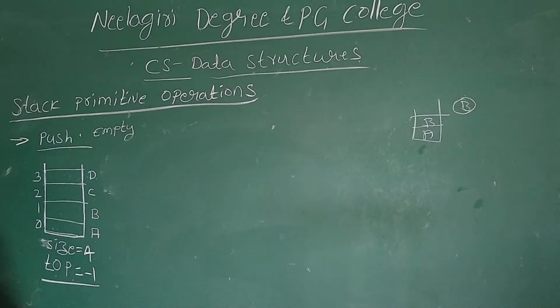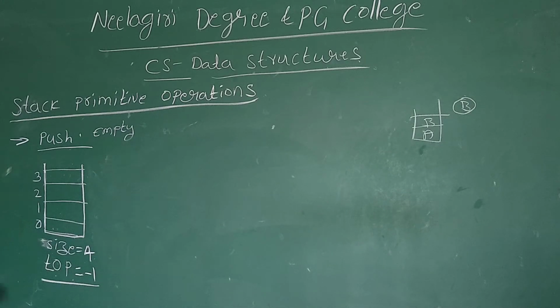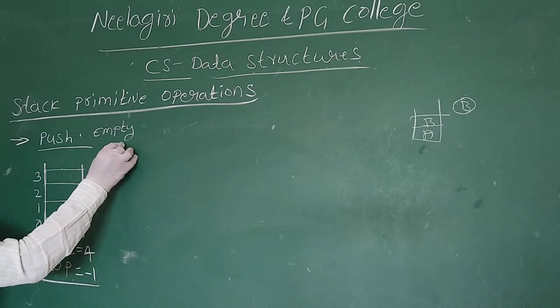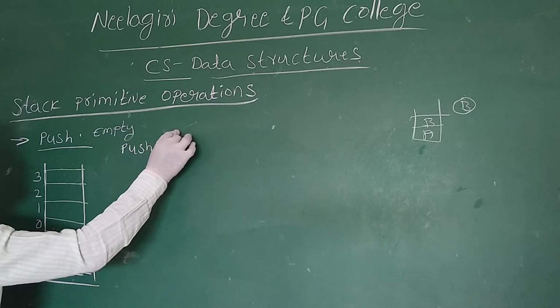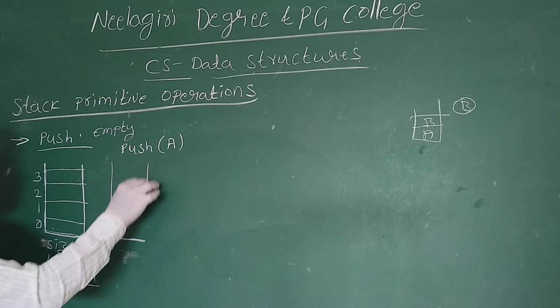Simply see, here this is an empty stack. Now I am performing a push operation and inserting an element A into the stack. Now what do we have to do?